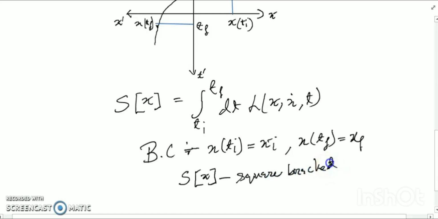Square bracket means x does not refer to a real number, but x refers to an entire function x of t.